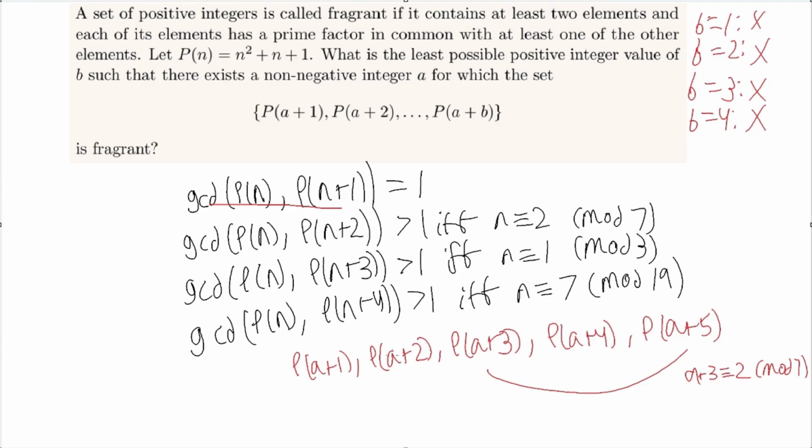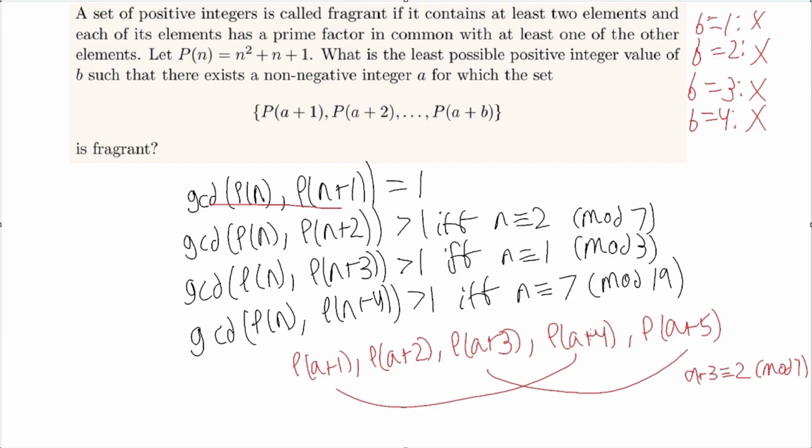But if this one was paired up with that one, then that means that A plus 2 is equivalent to 2 mod 7. And that contradicts what we had earlier with A plus 3. So that means that it has to go to that one. So that means that we have all of these guys here.